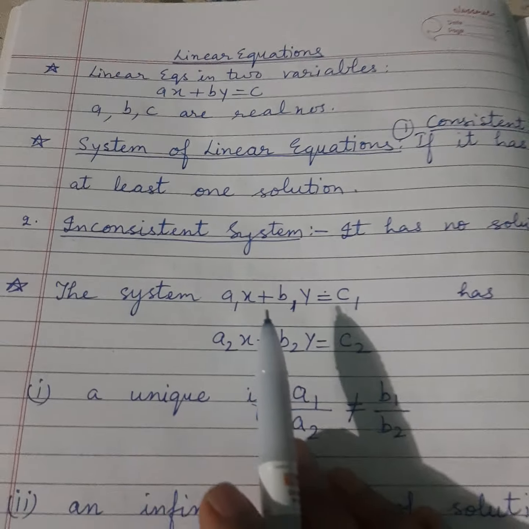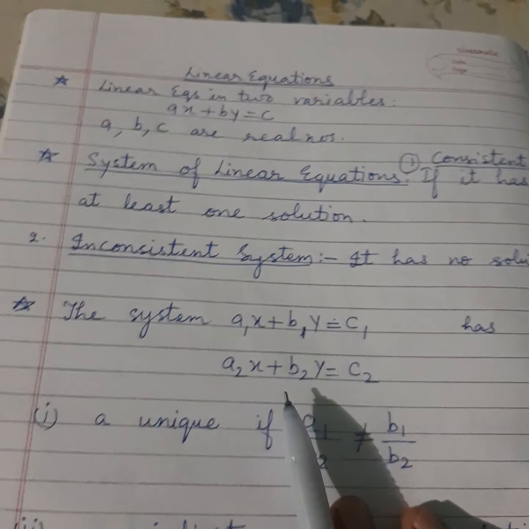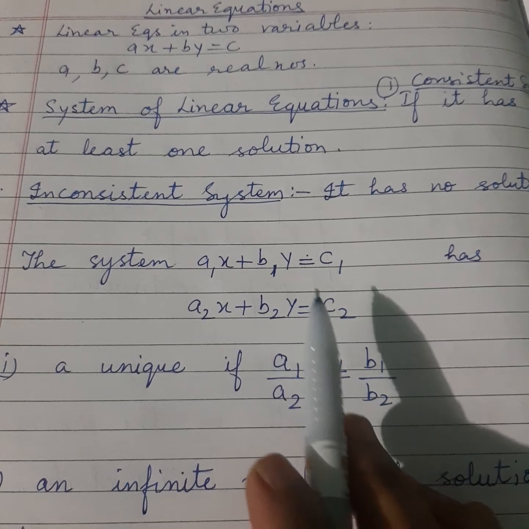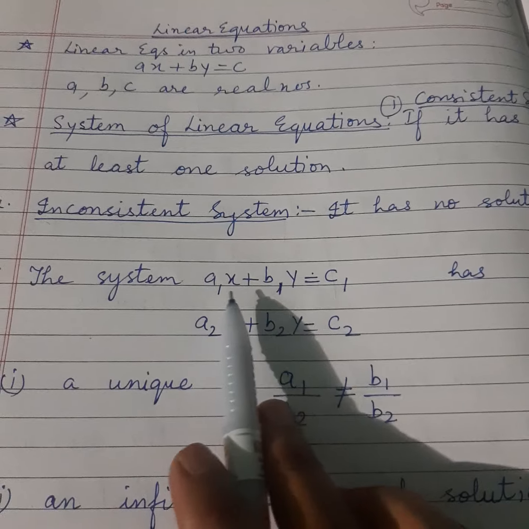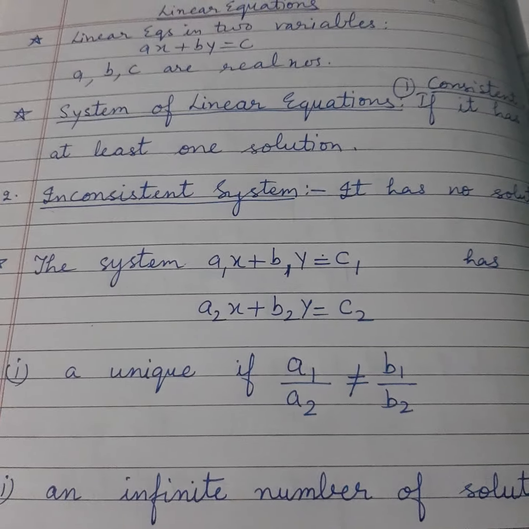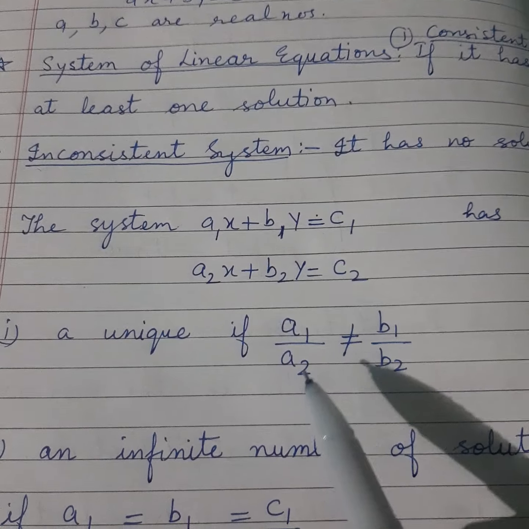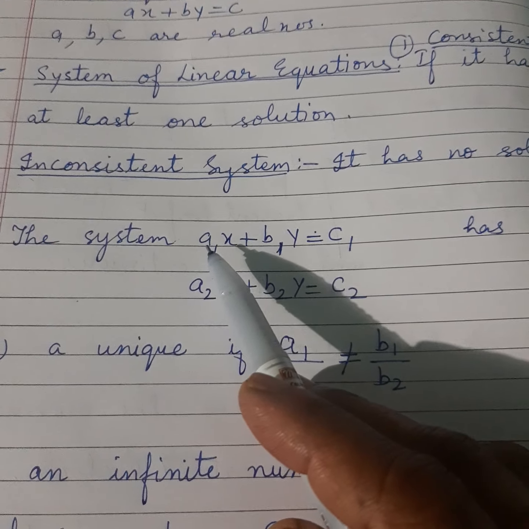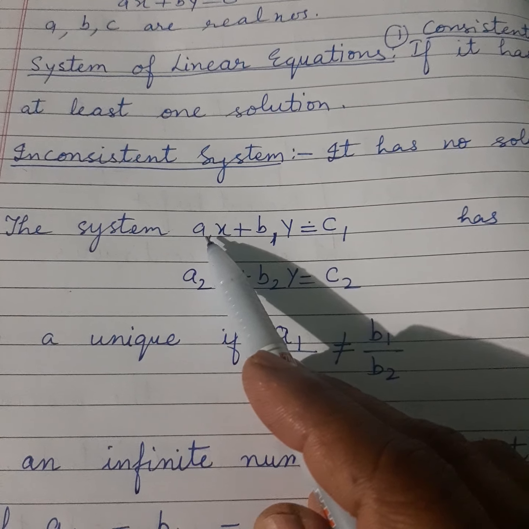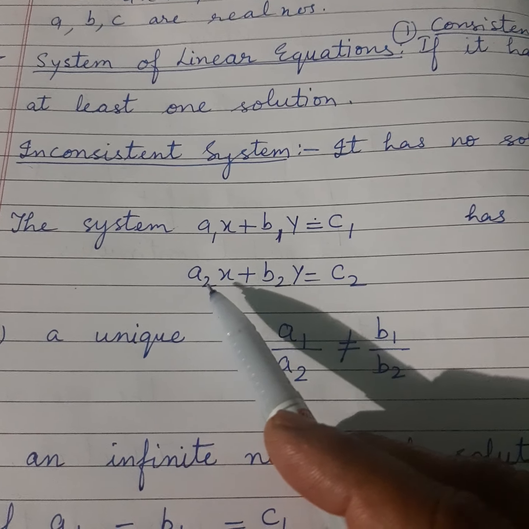Now the system a1x plus b1y is equal to c1 and a2x plus b2y is equal to c2. Suppose these are two linear equations. a1 upon a2 means the constant part of the first equation with the x is a1 and of the second equation is a2.